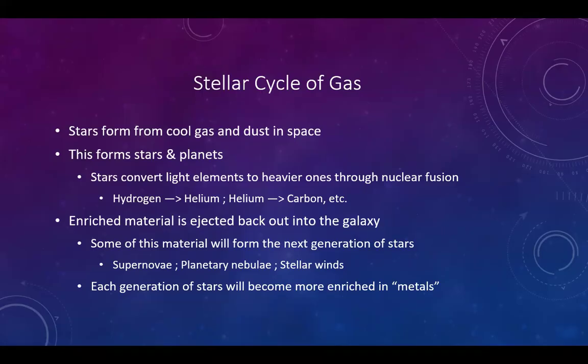All stars are constantly flinging out material. And each generation of stars will become more enriched in metals, elements heavier than helium. Part of why certain elements are harder to make than others is that there are more steps in the process of their formation. So certain elements require supernovas, and some even require additional stages beyond that.